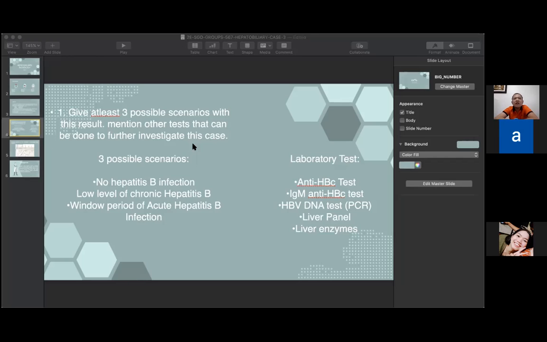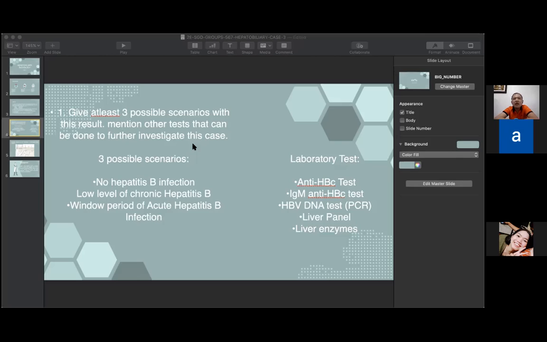Then second, the patient might be in the window period. That means the patient was infected, but at the time the blood was taken, the surface antigen and the antibody to it are not detectable.